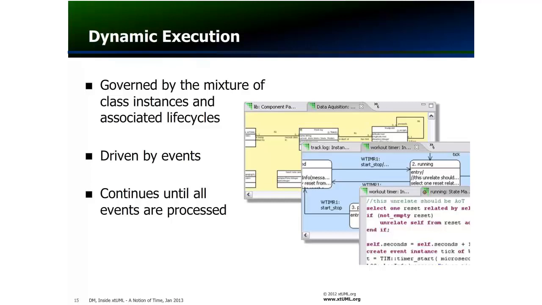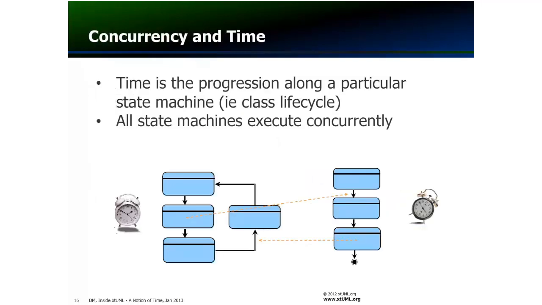Eventually, all events are processed, and at that moment, dynamic execution concludes. Individual instances in the population are created according to the class definition, including the state machine that defines its lifecycle. Each instance has its own lifecycle state machine, and all state machines execute concurrently. In this way, the xtUML execution rules implement the independence and concurrency that we saw earlier in the traffic scene.